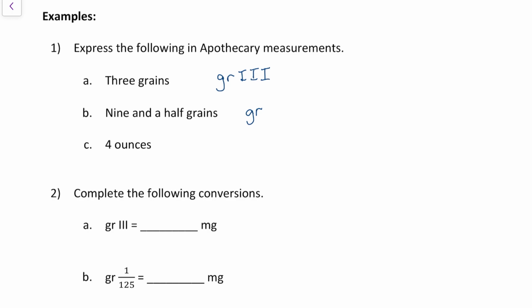And for 9.5 grains, 9 in apothecary is IX. And to do the half, we're going to use an SS. For 4 ounces, then we're going to put the ounce first, and 4 in Roman numerals is IV.